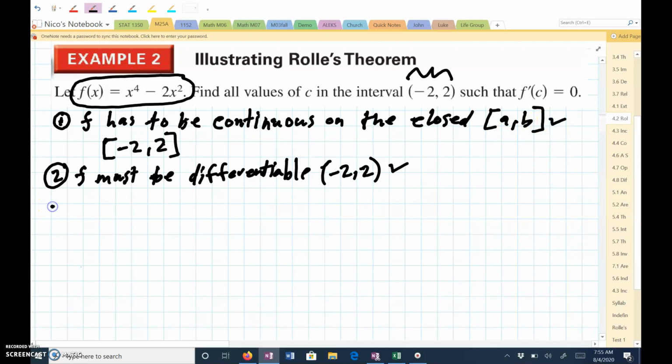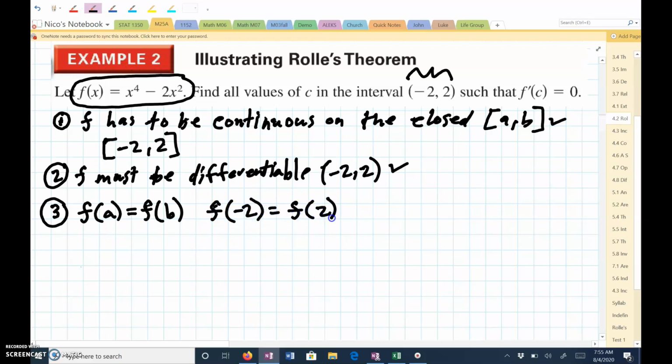The next condition, you need to have f of a must equal f of b, where it would be f of -2 must be equal to f of 2. So let's check that out.